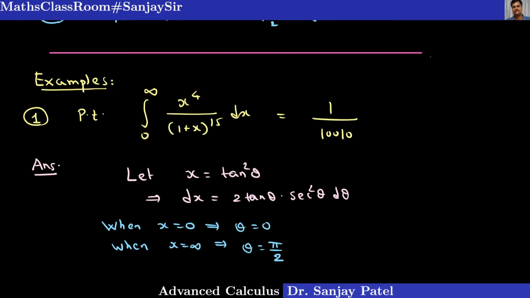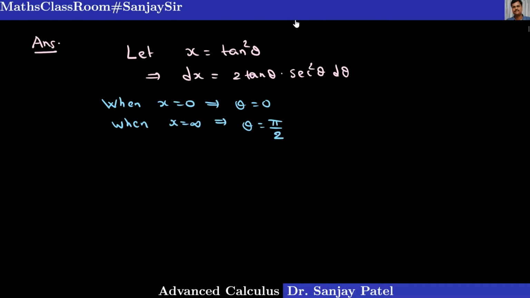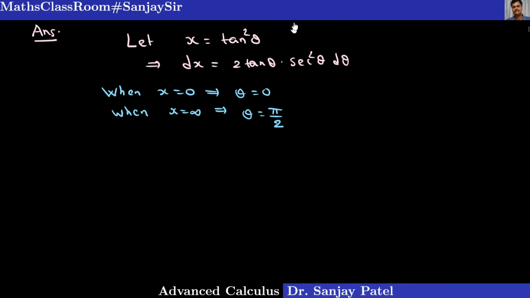So putting all these values in this integral, what we get is: the integral from 0 to infinity of x raised to 4 upon 1 plus x raised to 15 dx becomes the integral where, when x equal to 0, theta is equal to 0, so we write 0 here.